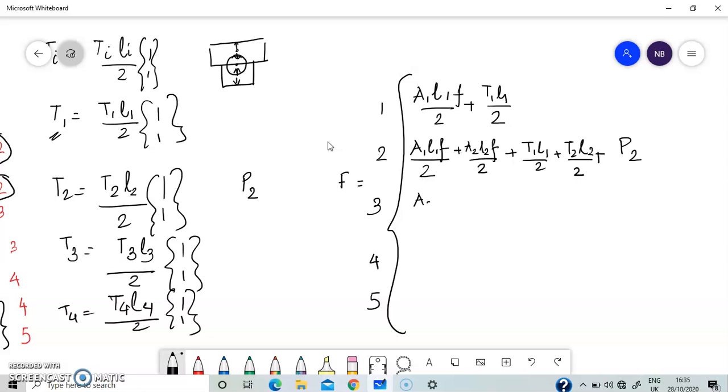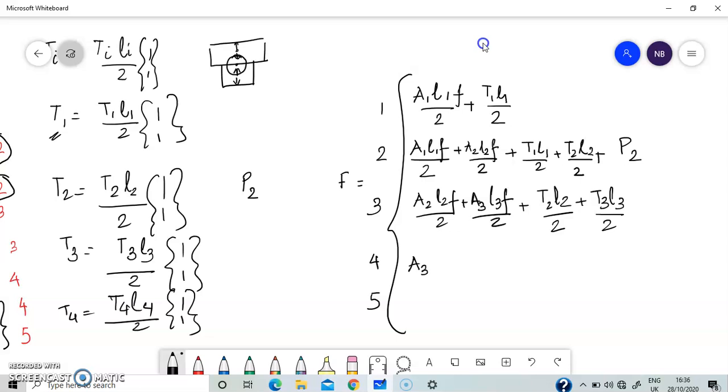At 3 we will have A2 L2 F by 2 plus A3 L3 F by 2 plus T2 L2 by 2 plus T3 L3 by 2. There is no point force there.